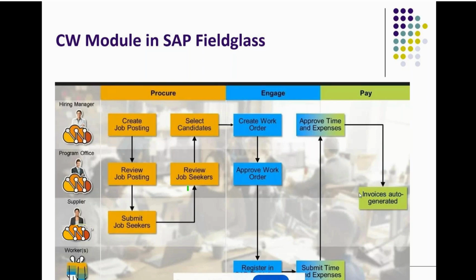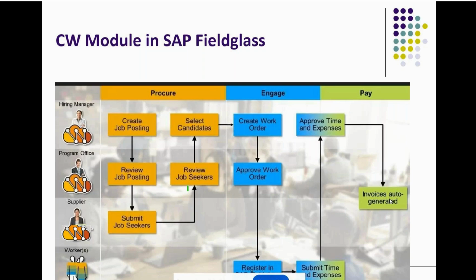I hope everyone has gone through this workflow diagram. Would anyone like to give some spotlight on what you understood from this workflow? Regarding contingent labor, my understanding is it's for temporary labor and contract-based workers, right? So the hiring manager creates a job posting, then reviews.